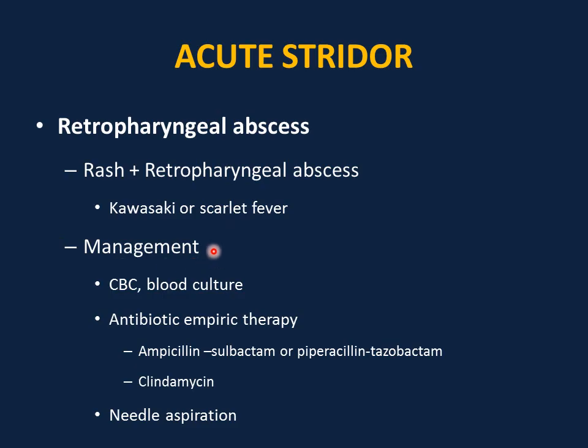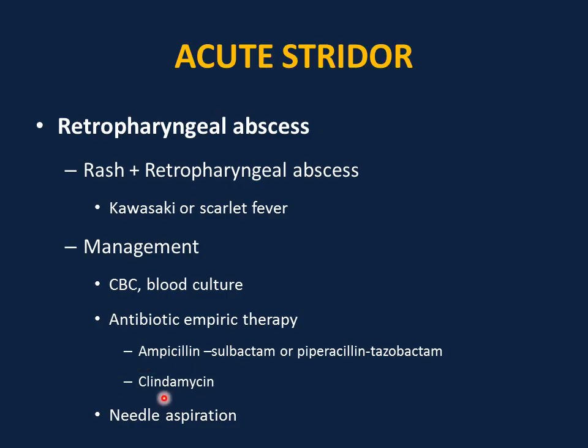Management: ensuring airway patency and supplementing oxygen are very important, and intubation in cases of difficulty breathing and airway obstruction. CBC and blood culture should be drawn before starting antibiotics. The empiric therapy should cover gram-positive, gram-negative, and anaerobes, so ampicillin-sulbactam or piperacillin-tazobactam is an excellent choice.